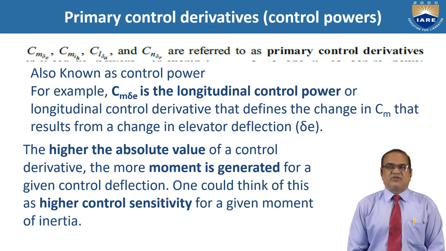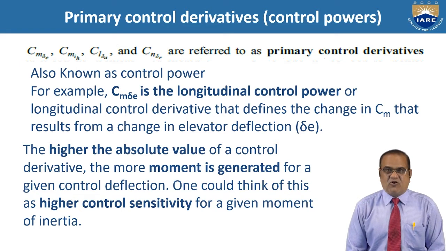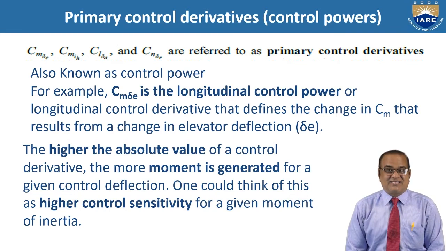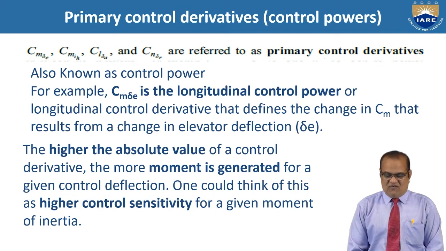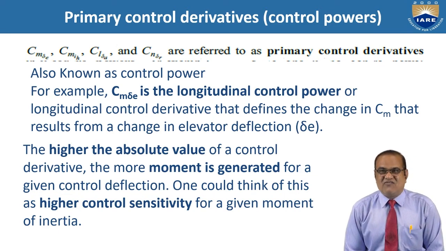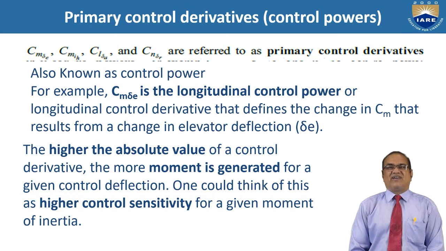The higher the absolute value of the control derivative, the more moment is generated for a given control deflection. One could think of this as a higher control sensitivity for a given moment of inertia.